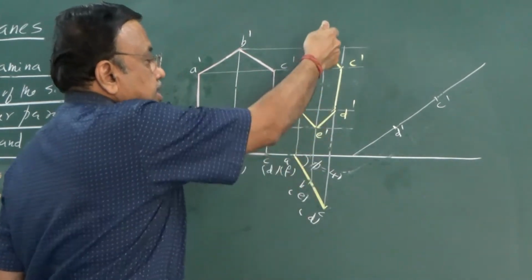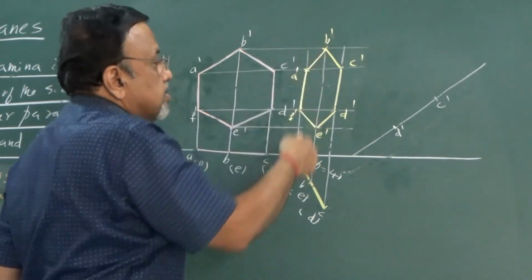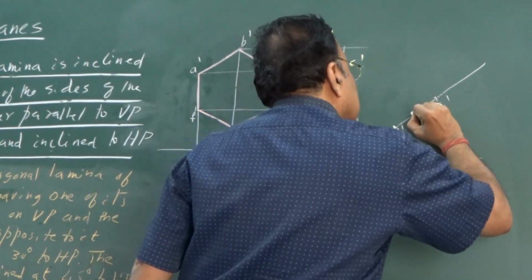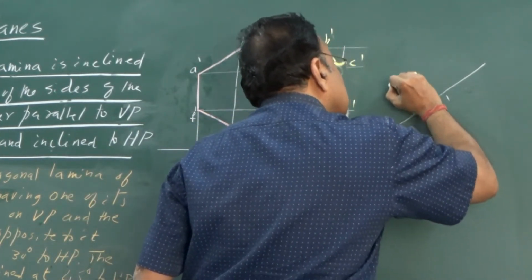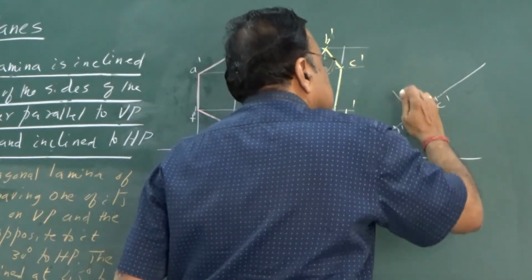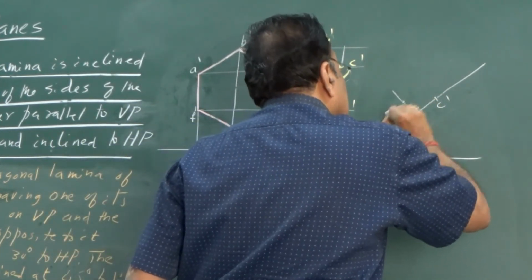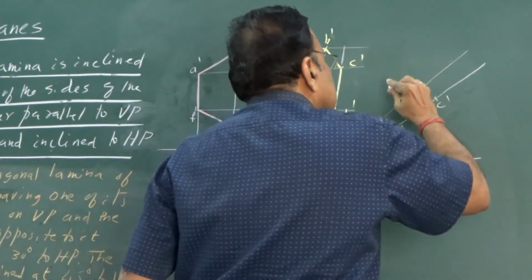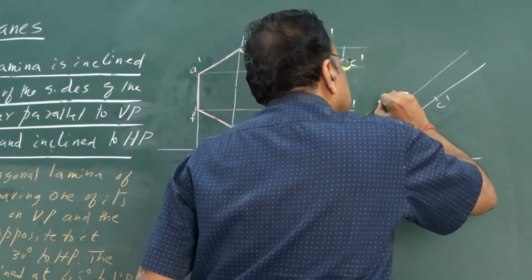Okay. Now I need to get this particular line. So what do I do then? Let us say from the center point, I will draw another vertical line like this. Then I will take this distance and draw another line. Then I will take this distance and draw another parallel.